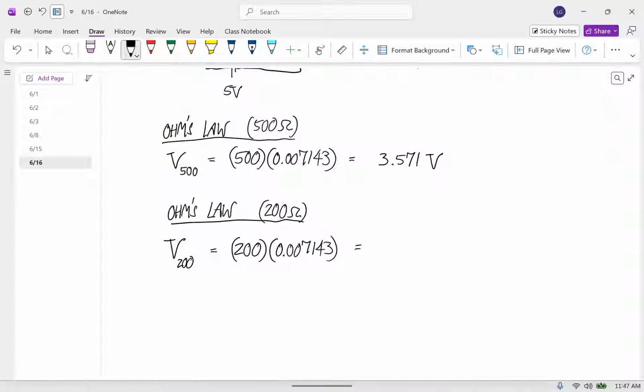And that is 1.429 volts. And notice that if you add those two voltages up, you get 5 volts, the voltage of the battery.